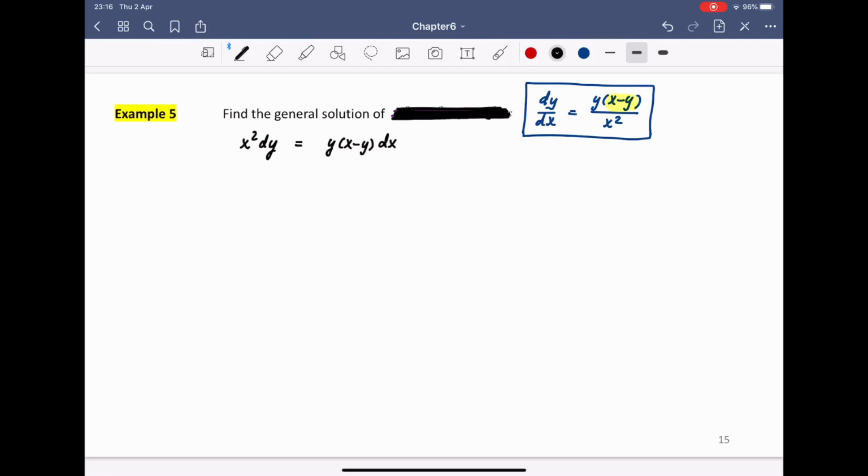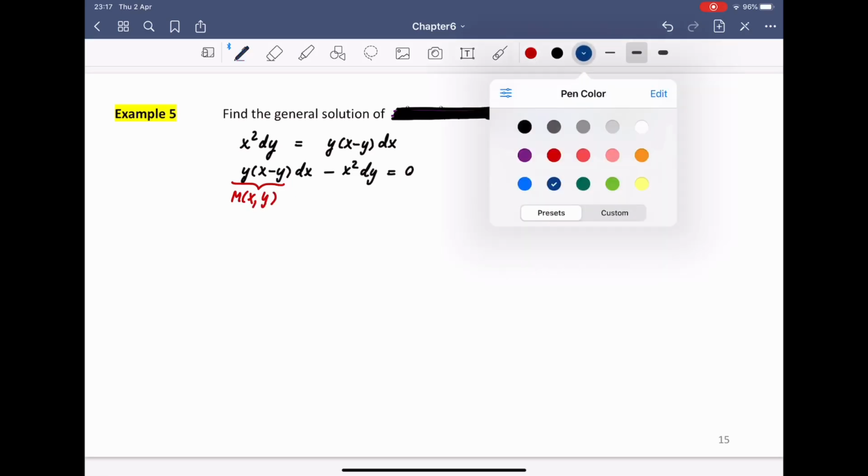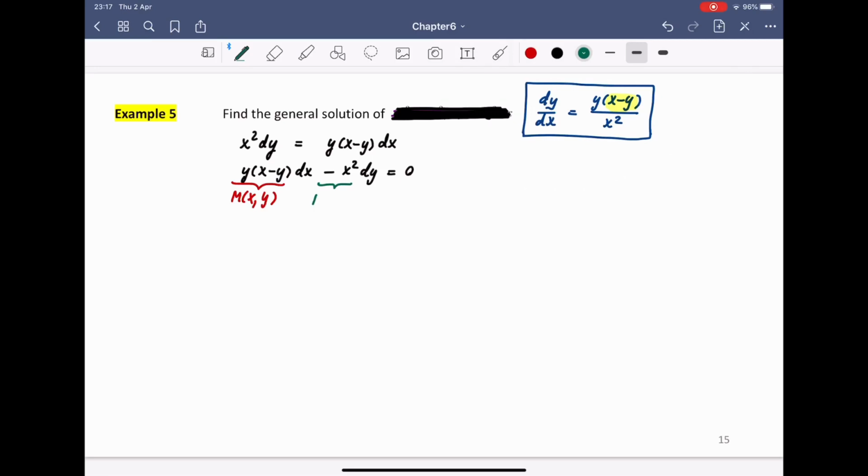This is by, you can say, cross multiplication. And then after that, I am going to get y times (x minus y) dx minus x squared dy equal to 0. And now from here, you can see that my M(x,y) is y times (x minus y), and my N(x,y) is minus x squared.